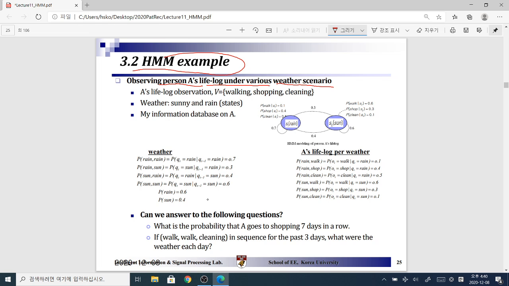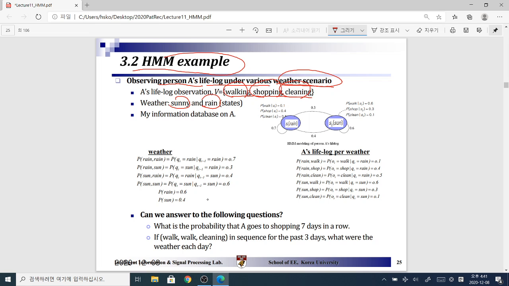The life log would consist of this person's actions like walking, shopping, and cleaning. So those 3 are the possible observations that you can make. And the state, the weather scenario, would be either sunny or rainy.